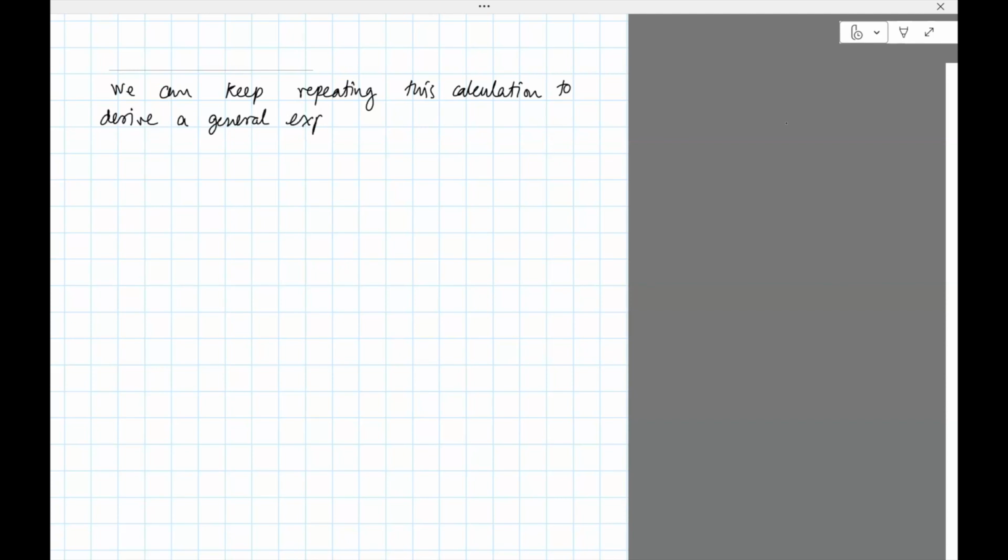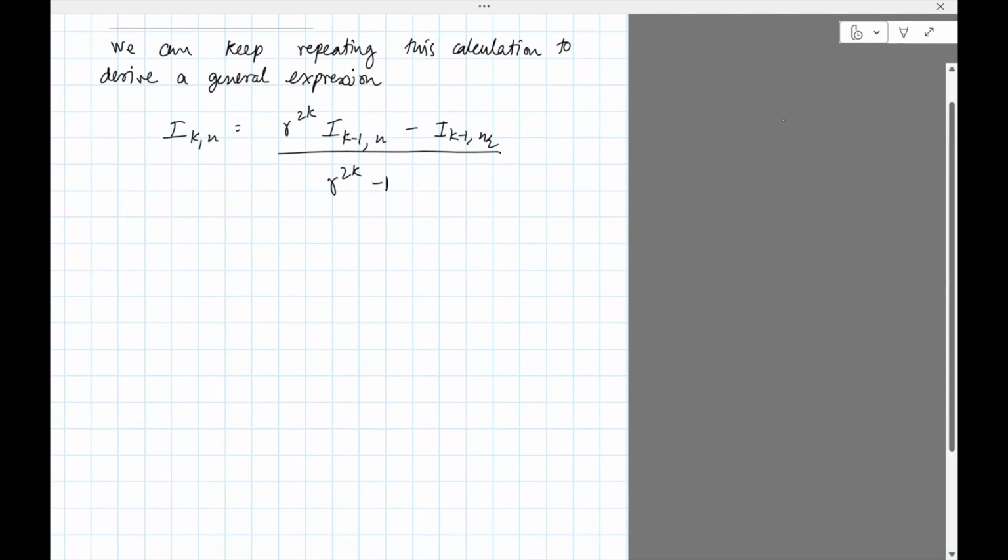Derive a general expression using the previous iteration k minus 1, minus I. That encompasses all the Richardson extrapolation, but carried out iteratively.